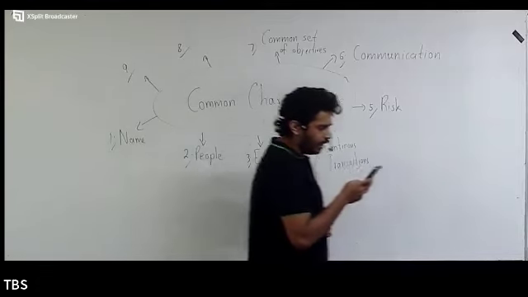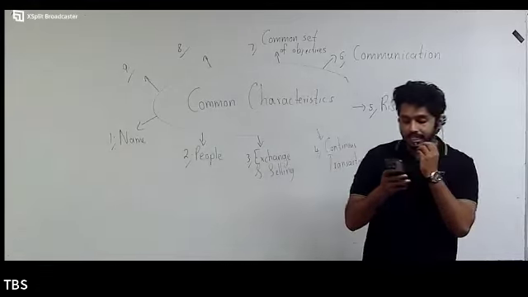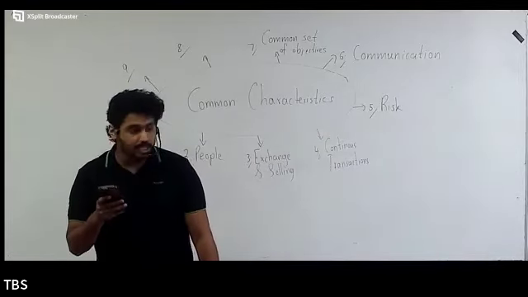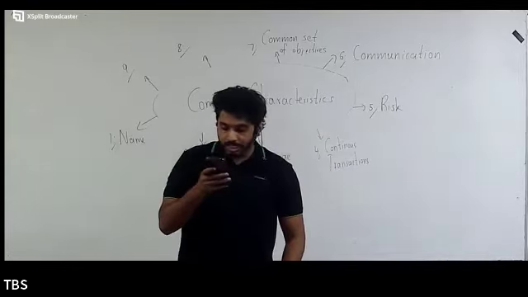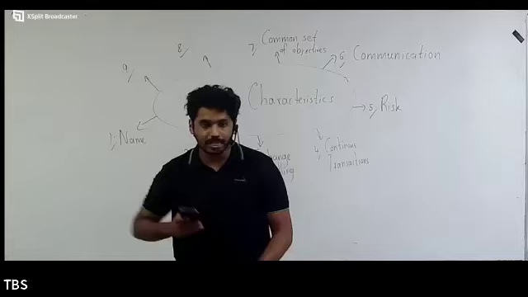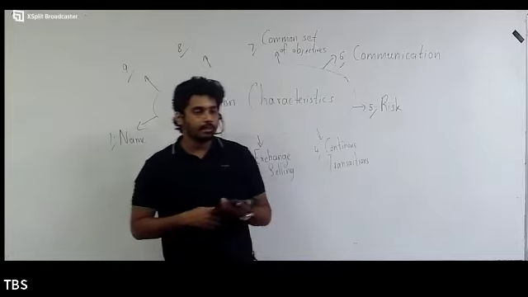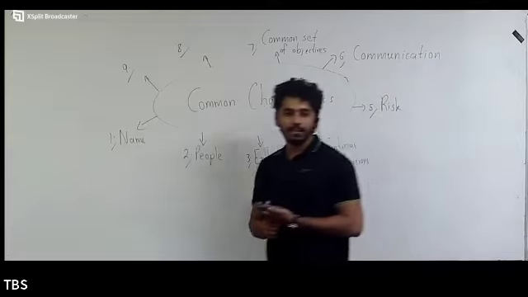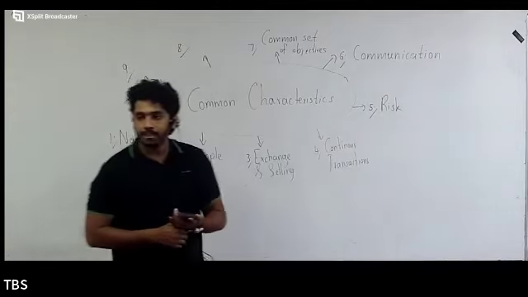So guys, first one we read, second one we read, fourth one, fifth one, sixth one has a risk. There are risks in the business due to the uncertainty and the possibility of incurring a loss. Example, write down. Example of risk: competition.